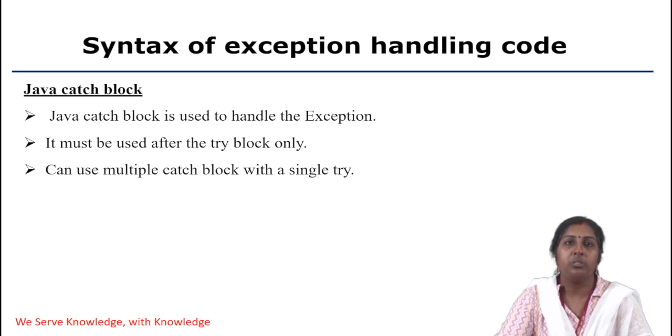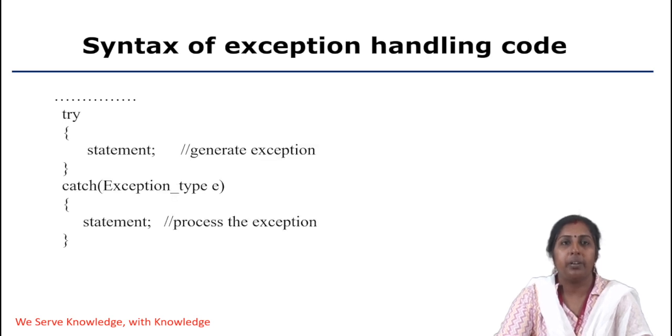We can use multiple catch blocks within a single try. If we include many statements in a try block and there is a chance for multiple types of exceptions to occur, we can use multiple catch blocks for a single try block. This is how a programmer can handle checked exceptions with the help of the try catch block.